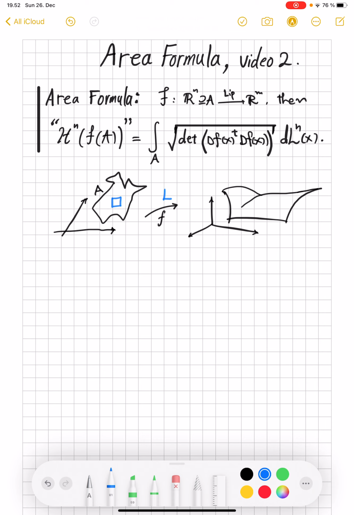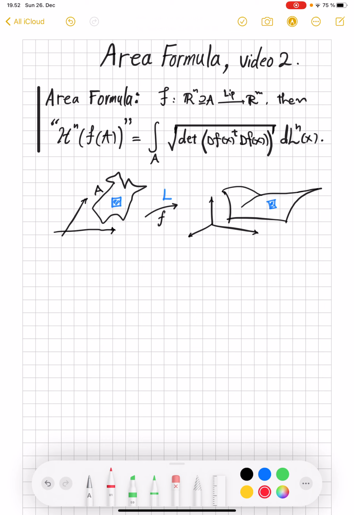So f takes this tiny blue box into any shape, basically. It's just a Lipschitz map. But f is very nicely approximated by the linear map.